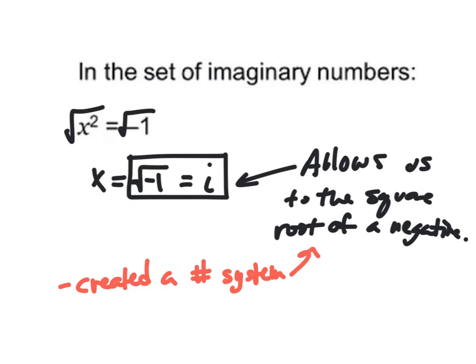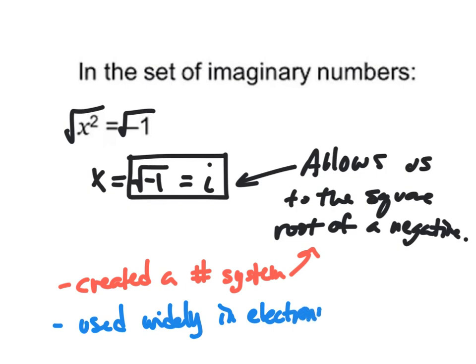What it really boils down to, guys, is this is used widely in electronics so that computers can compute these numbers. Otherwise, computers would just crash and they wouldn't work.